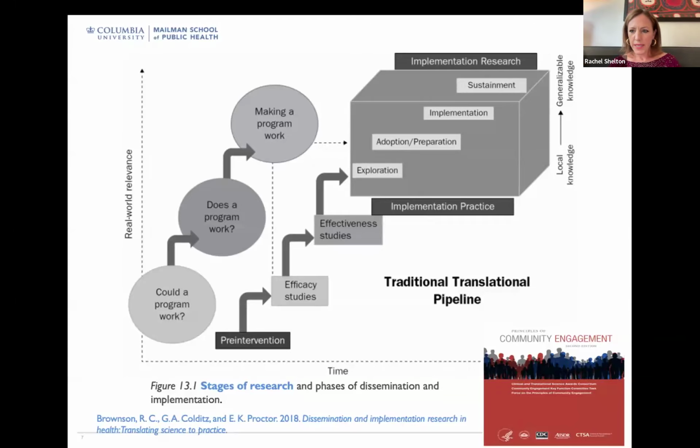So if we want to sustain, especially in community settings or settings where there are a lot of different resource or structural barriers that might impact long-term delivery, we need to be thinking about sustainability up front. And it requires that we're engaging with the communities and the sites where we will be sustaining or partnering to sustain. So I think making that connection earlier is really critical.